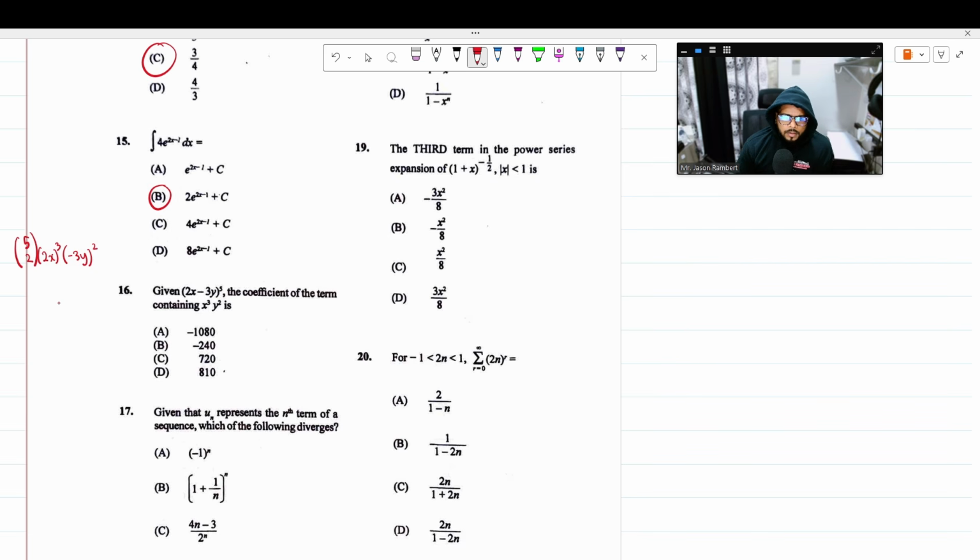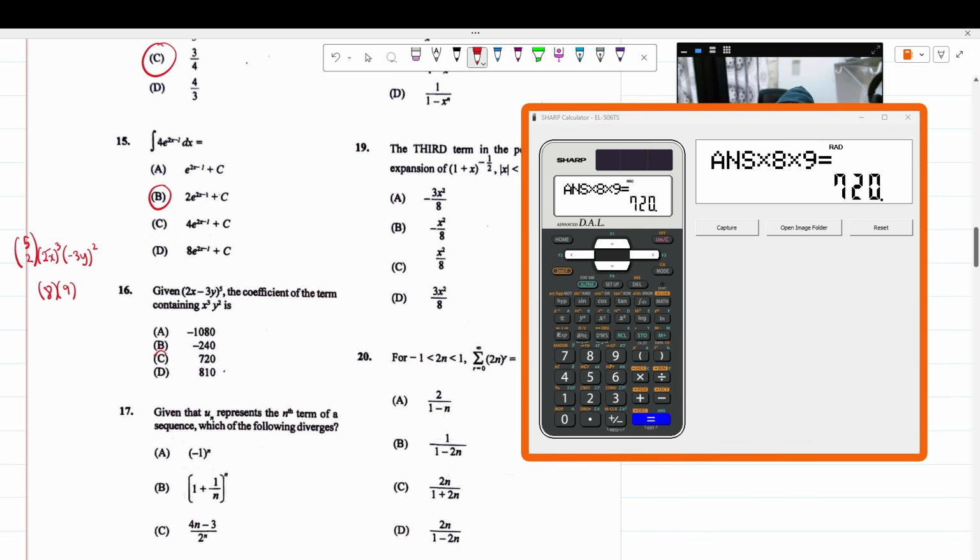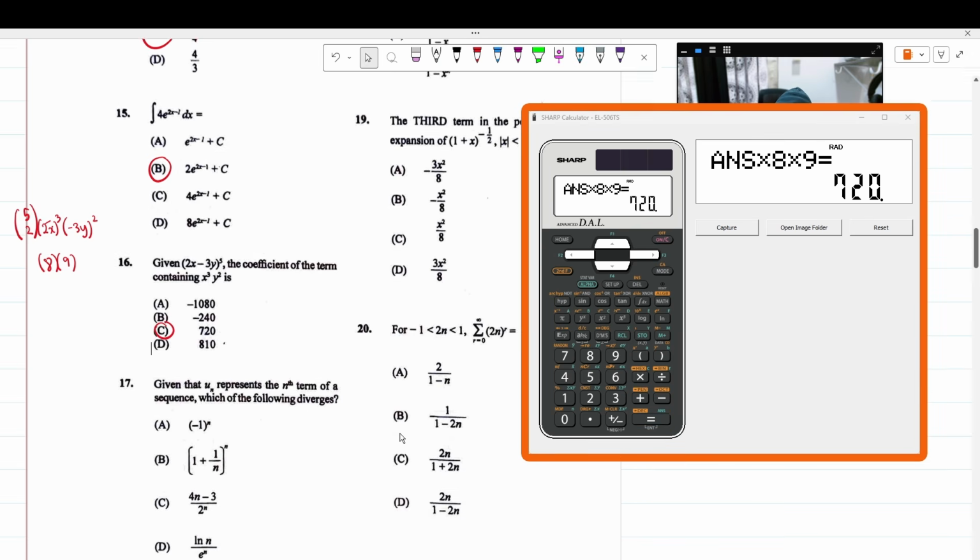So the coefficient: 2 cubed is 8, minus 3 squared is 9, and 5C2 is 10. 8 by 9 is 72, 72 by 10 is 720. 5C2 is 10, by 8 by 9 is 720. I don't care about the variables.